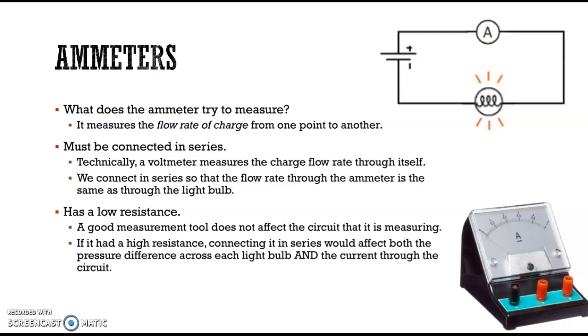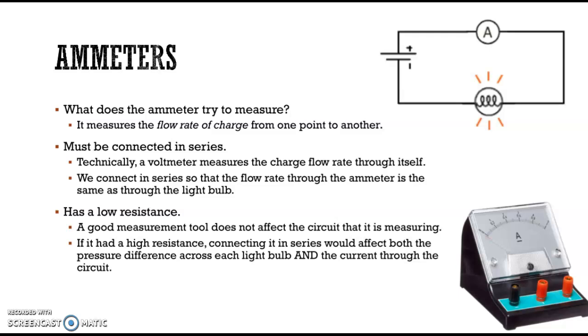Okay, so we have to put it in series so that the amount of charge flow through the ammeter is the same as the amount of charge flow through the light bulb. Now, technically, the ammeter, not the voltmeter, sorry about that, measures the charge flow rate through itself. Again, as long as it's in series, those charge flow rates should be the same.